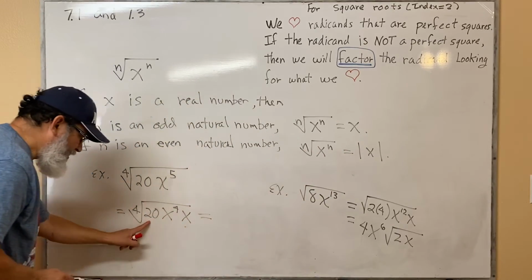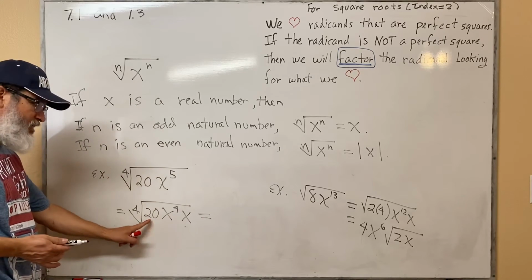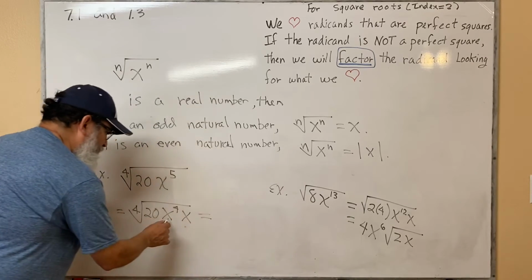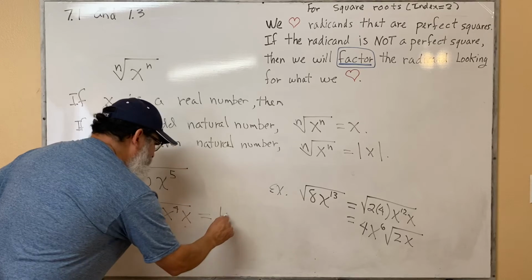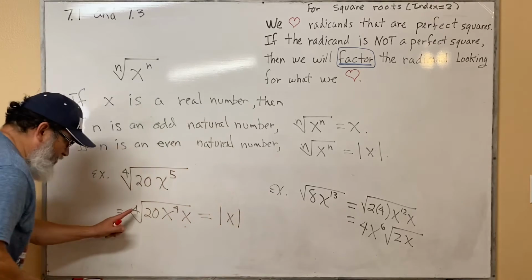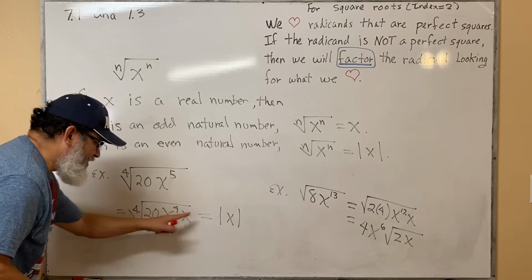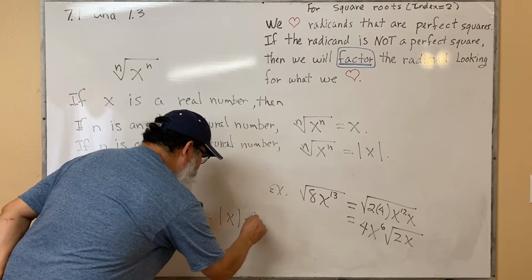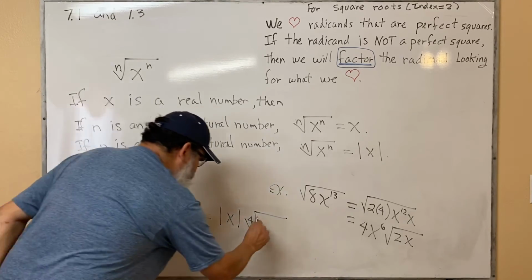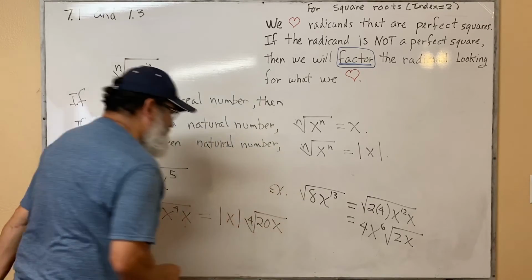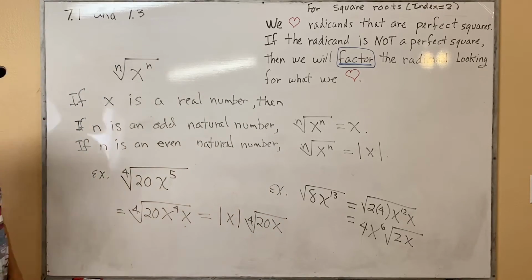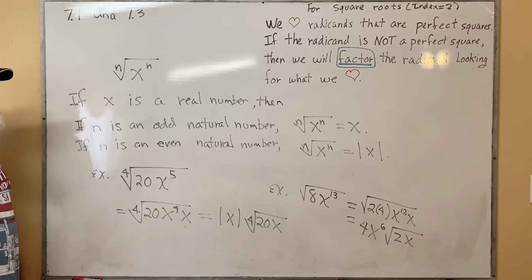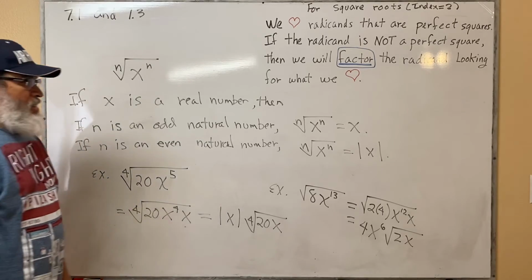This 20 you can't do anything about, it stays inside. So we get the absolute value of x, for the 4th root of x to the 4th, and then times the 4th root of 20 times x. That's what they're saying.